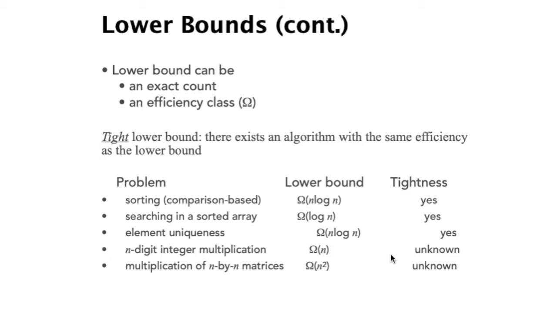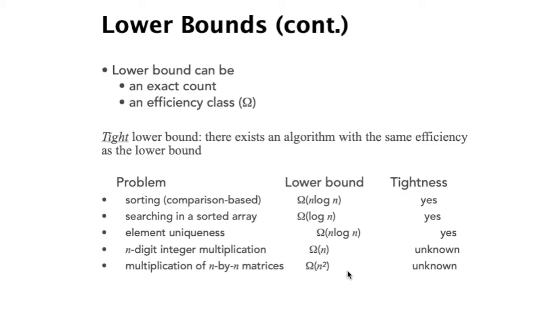I don't know yet what the best so far is for these algorithms, but I know that for multiplication of n by n matrices, the naive method is O of n cubed. But there is Strassen's algorithm with a slightly better running time, though it doesn't reach n squared.